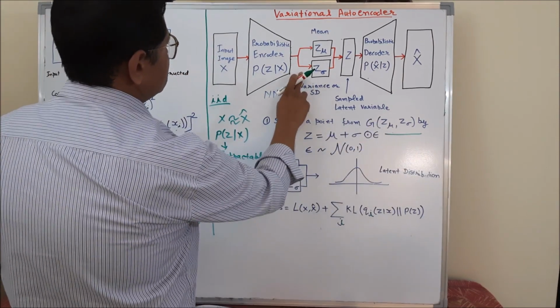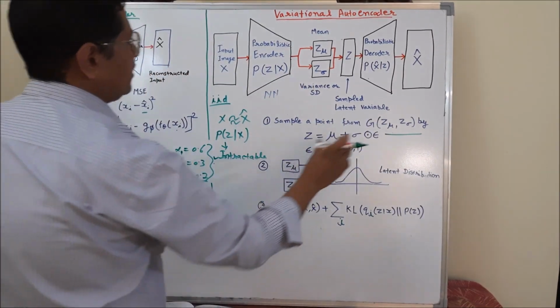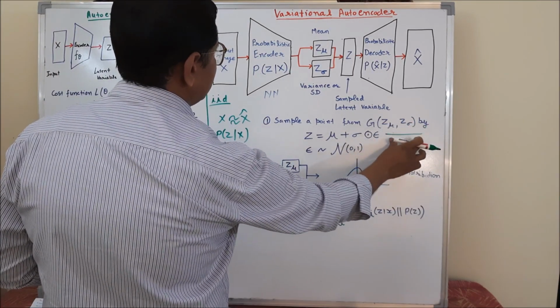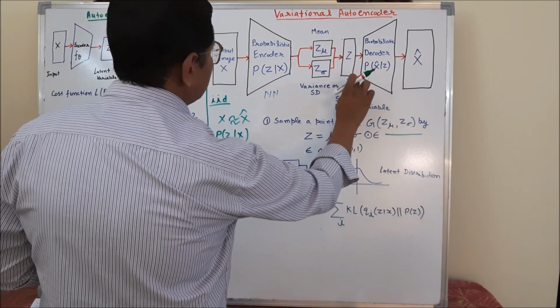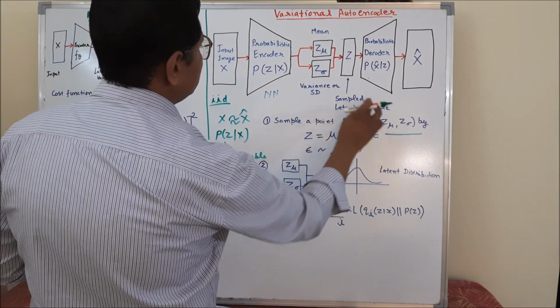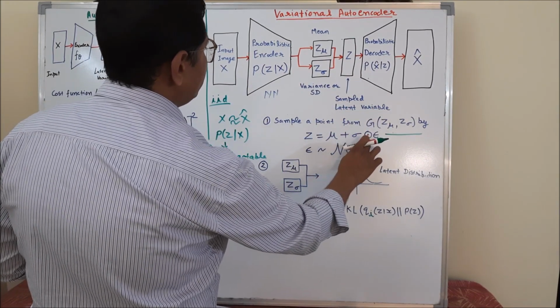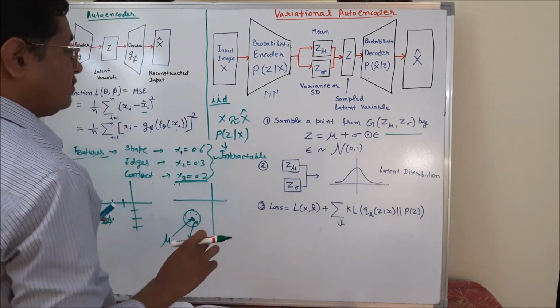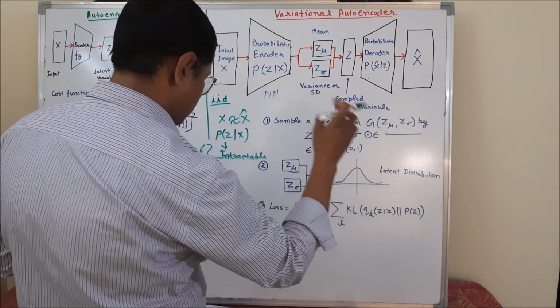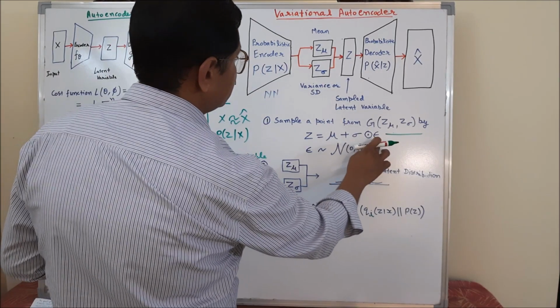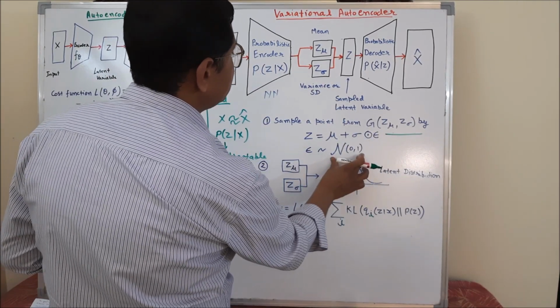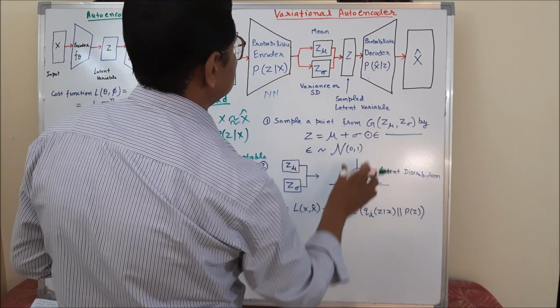Once the system generates the mean and standard deviations, and we take it like a multivariate Gaussian distribution, to calculate the sample latent variable, we take the mean plus standard deviations into the element-wise product of psi. That psi is a unit normal distribution.